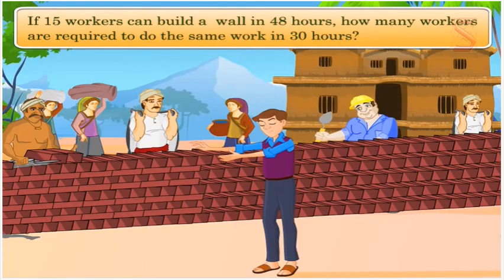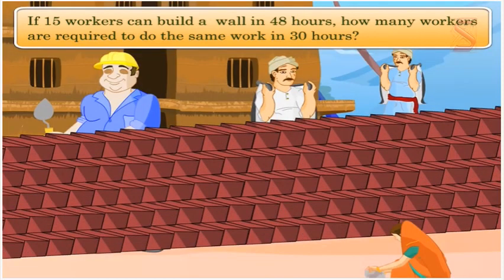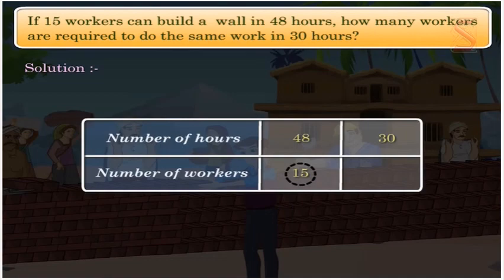If 15 workers can build a wall in 48 hours, how many workers are required to do the same work in 30 hours? Let us begin with the solution. Number of hours required by 15 workers is 48.